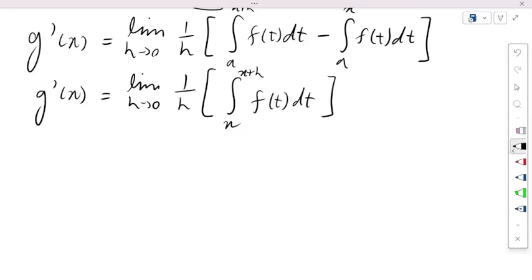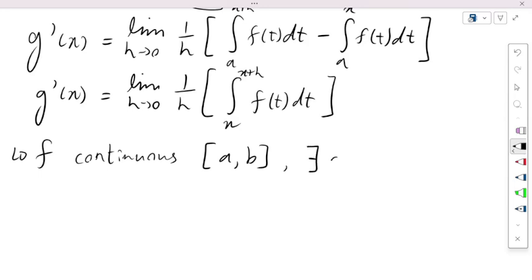So the mean value theorem of integration states that if some function f is continuous in the closed interval a to b, then there will exist some c that lies between the closed interval a to b. So we're saying that c lies in that bound, okay?